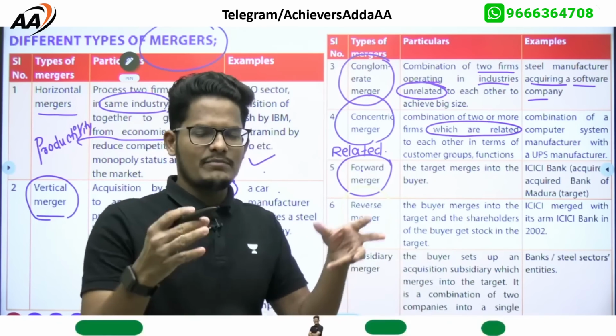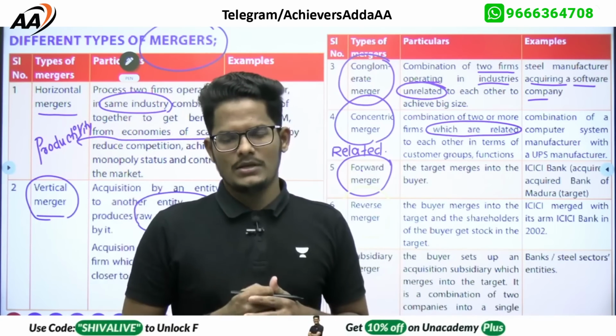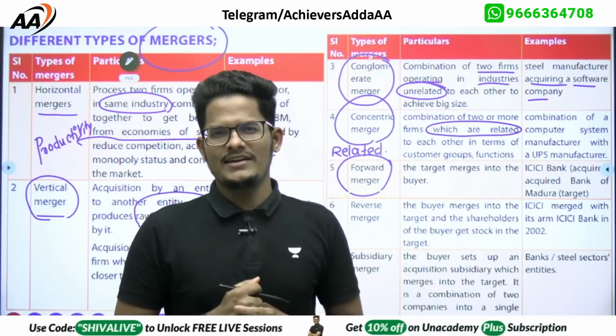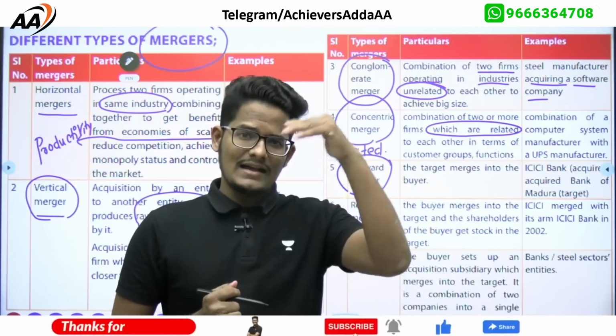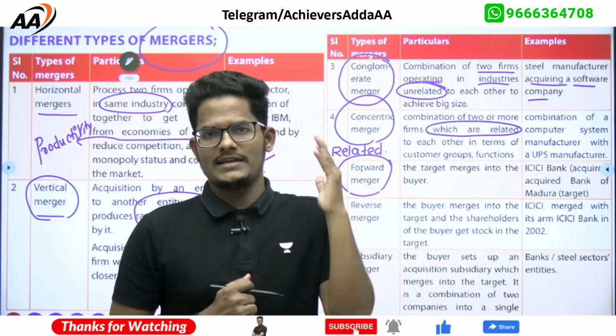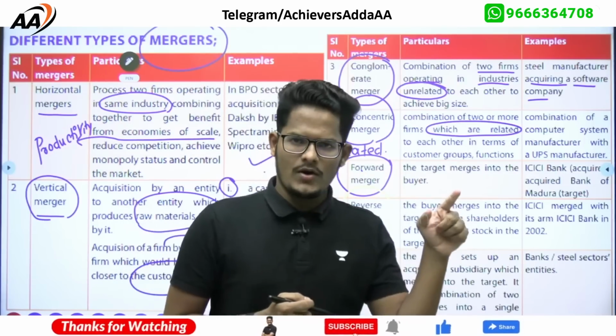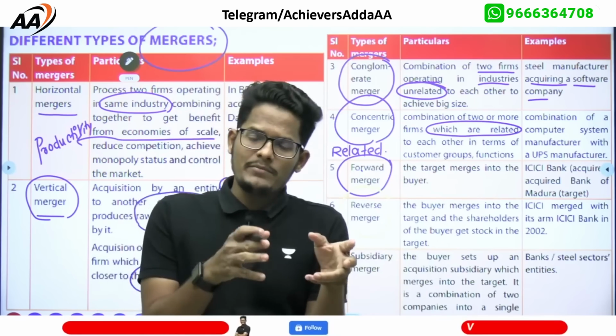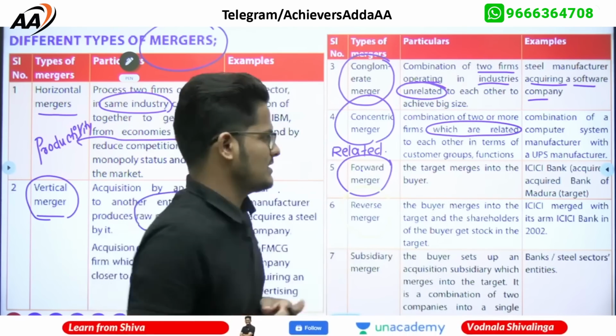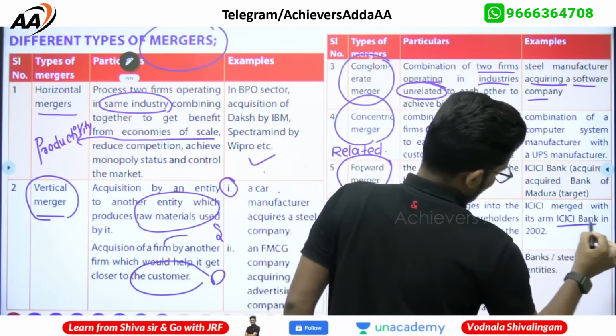Actually, ICICI Bank is a later formed one. ICICI Bank was formed in 1995. But ICICI as the Industrial Credit corporation has been there since 1955. So the one formed in 1955 came and merged with a recently formed entity, which is ICICI Bank.